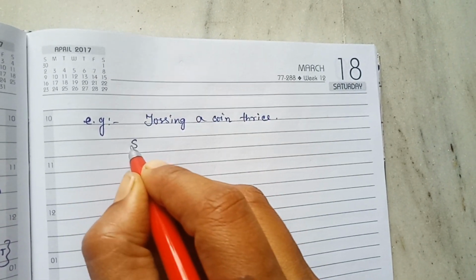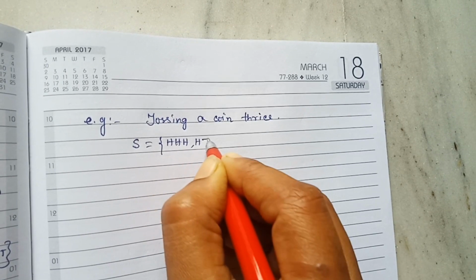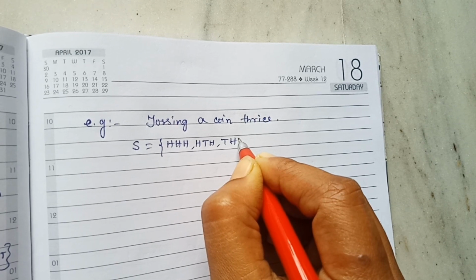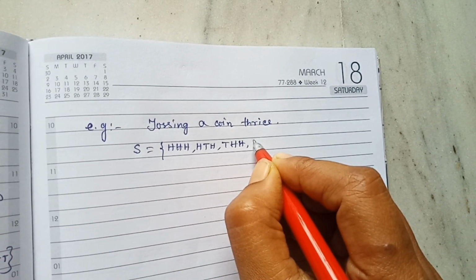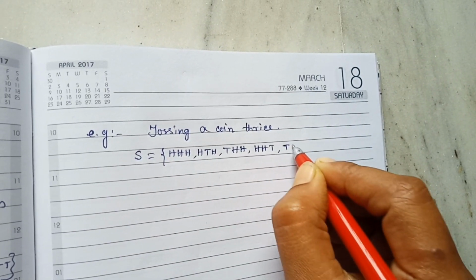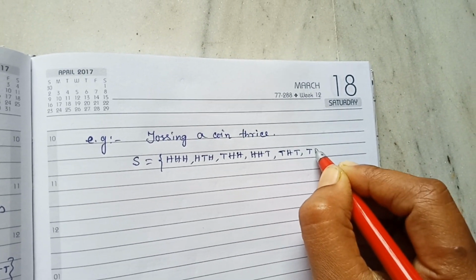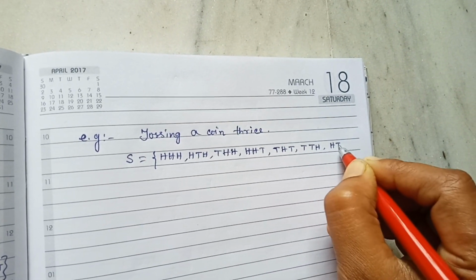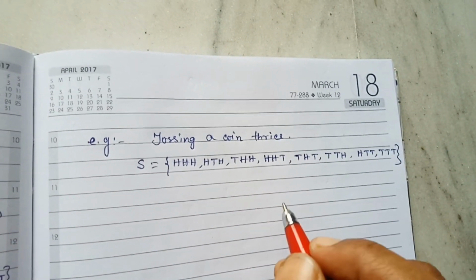So we know its sample space, that is S equals HHH, HHT, HTH, THH, HTT, THT, TTH, and TTT. So there are 8 elements.